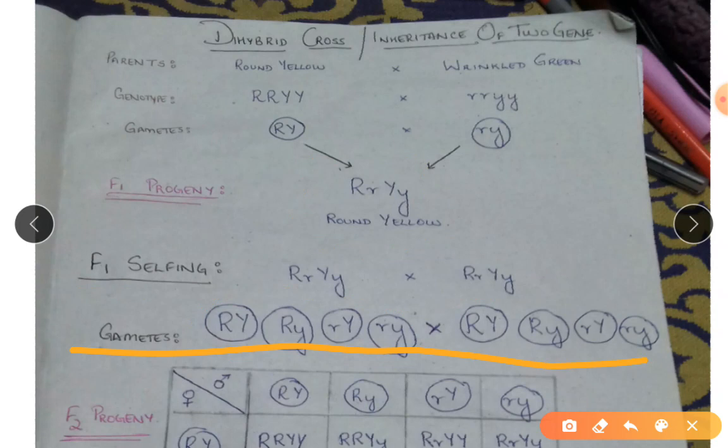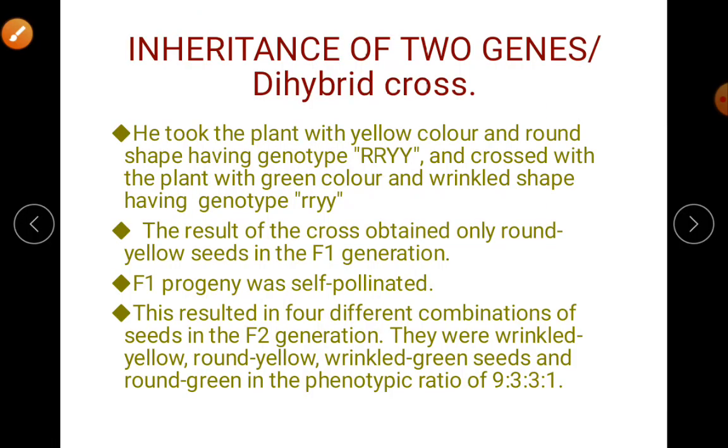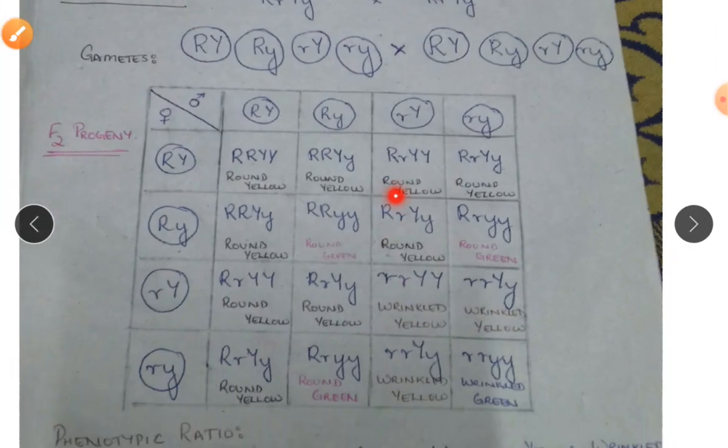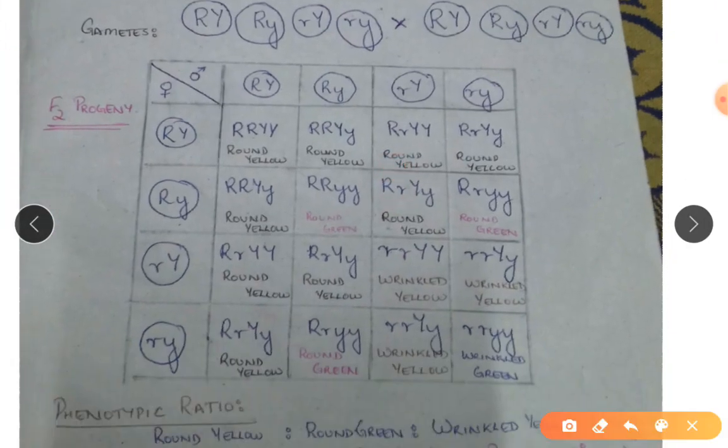So there are 4 types of gamete in this plant, and similarly, as you can find, it is the same genotype, same gametes you'll find. So there are 4 different types of gametes. Now coming to the F2 generation, how does it form? This is your Punnett square.